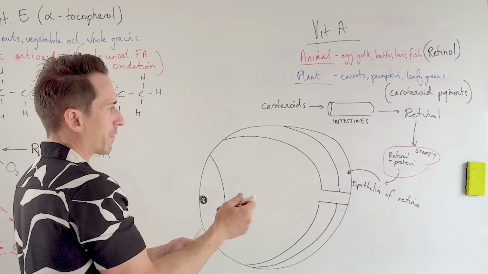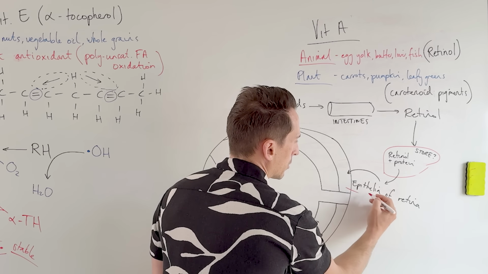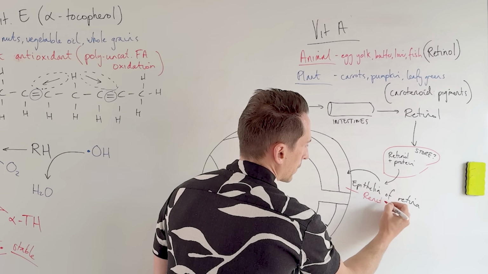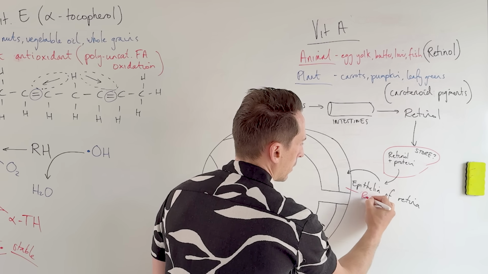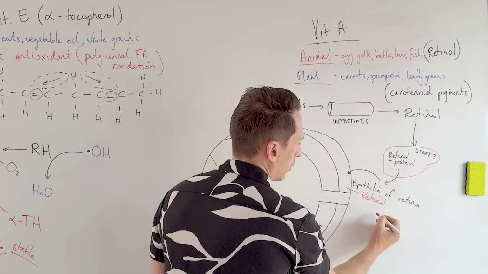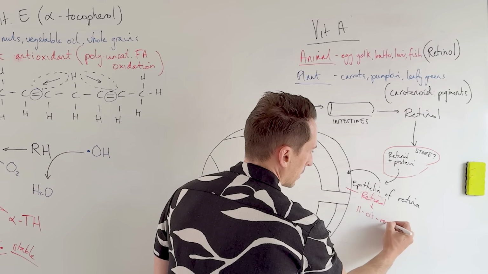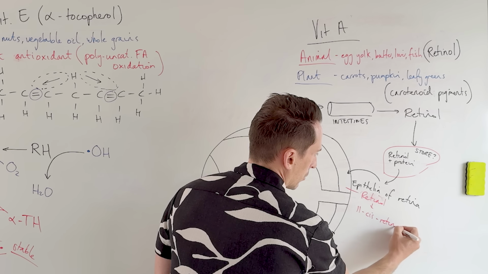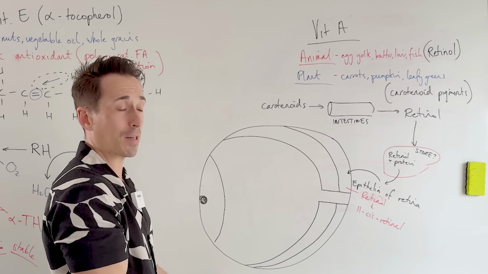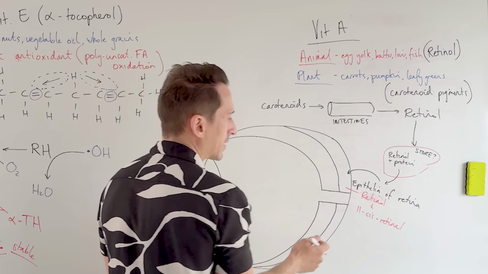And what the epithelia of the retina does is it turns retinol into 11-cis retinal.